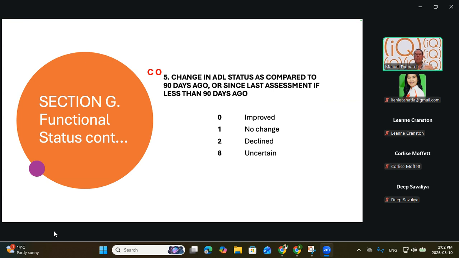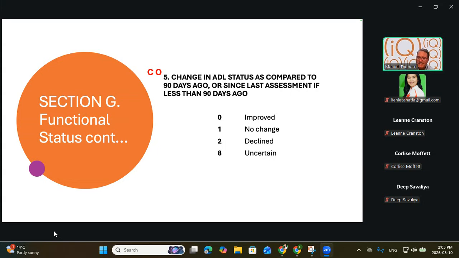So here we're looking at a big picture question. Has the person's overall ability to care for themselves improved, declined, or stayed the same compared to about 90 days ago? It's not about small day-to-day fluctuations. We're asking whether there's been a meaningful shift in how much help they need or how much they do for themselves.